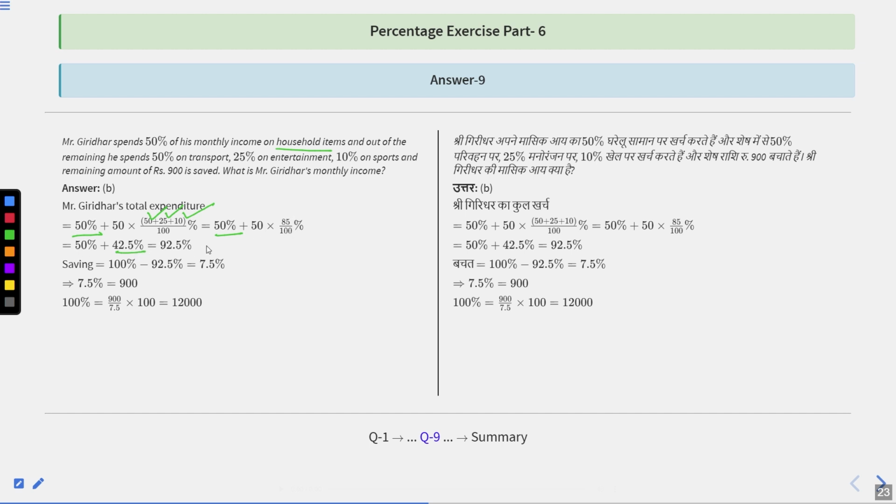When we add it, we get 92.5%. So Mr. Girdhar spent 92.5% of his total income and saved 900. In percentage value, he saved 7.5%. So 7.5% equals 900. So what will be the 100%? 900 divided by 7.5 multiplied by 100, which is 12,000. So B is the correct answer.